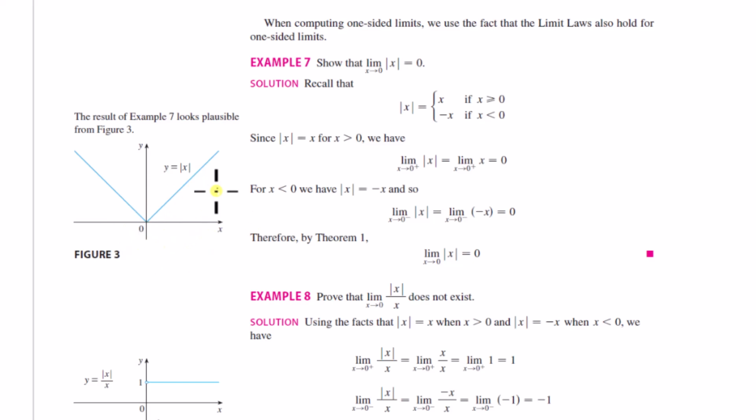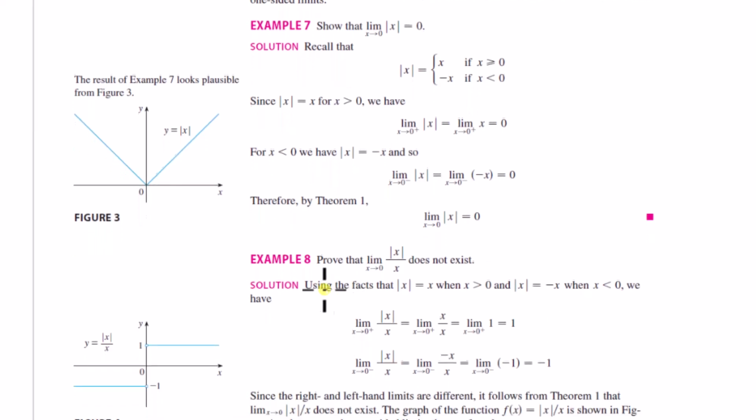In that case, we're just dealing with a polynomial, right? We got rid of the absolute value. We can use a direct plug-in here, because we're just dealing with y equals x. We get 0. And then a similar idea coming from the left. So now, since the left-hand and right-hand limits are both the same, we can state that the limit as x approaches 0 of the absolute value of x in general is equal to 0.